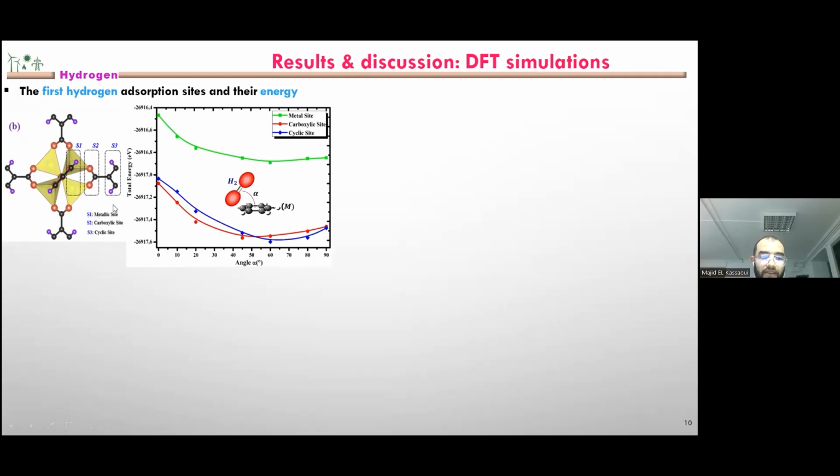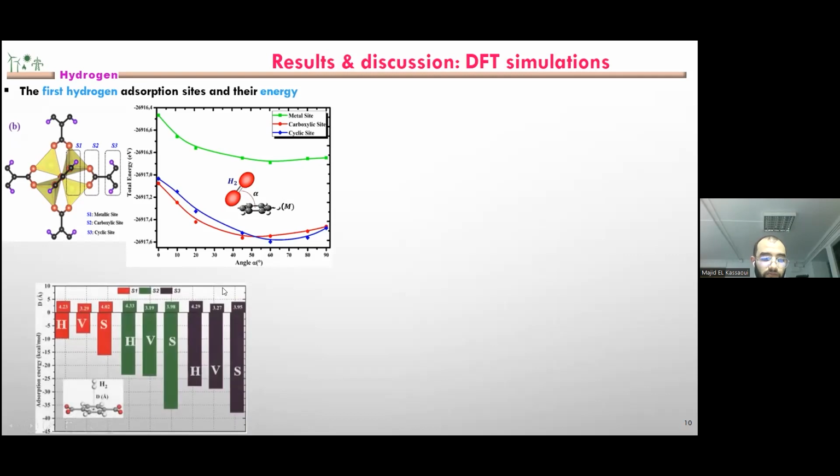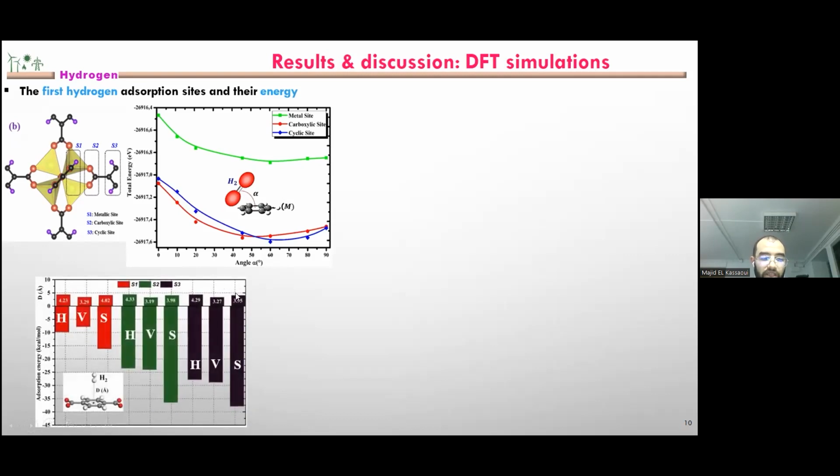As shown in this figure, among the different adsorption sites, the cyclic with the sloping orientation appears as the most favorable for adsorption of a single hydrogen molecule, with an adsorption energy equal to minus 37.80 kilocalorie per mole.